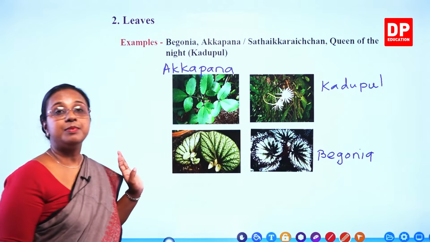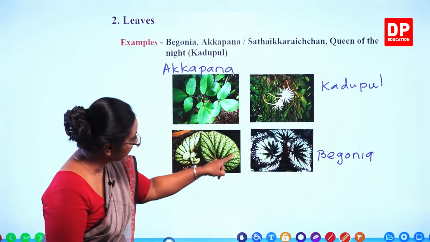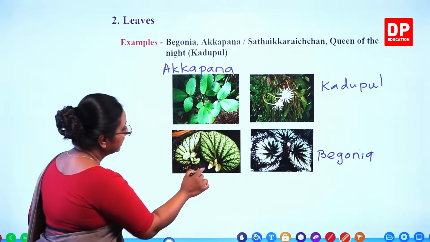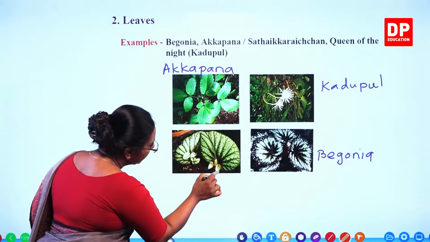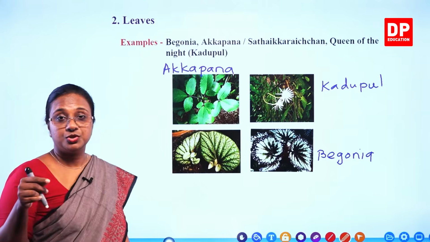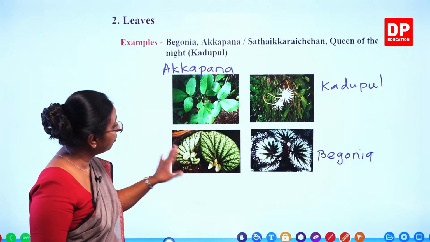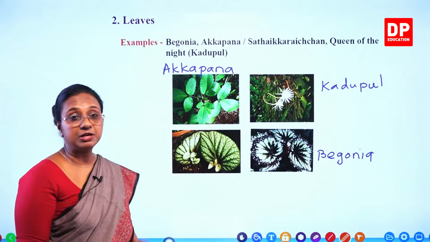These all reproduce by leaves. Now, if you look at these pictures, students, this is again a begonia plant. You can see the mature leaf. From this part of the mature leaf, you can see smaller leaves being produced. So, they can grow into a new plant. That is how reproduction occurs in begonia.